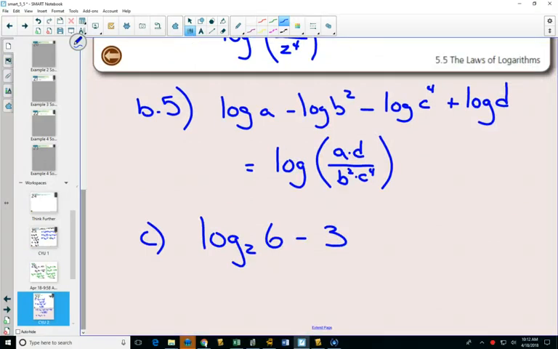We're subtracting, but the thing that we're subtracting is just a number. The only way I can subtract and put them together is if I have logs with the same base. So what I need is I need this 3 to change to log base 2 of something.